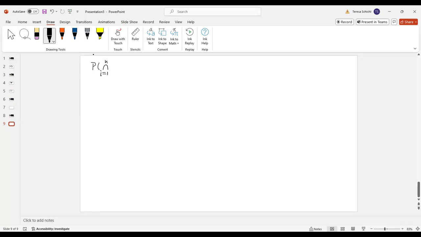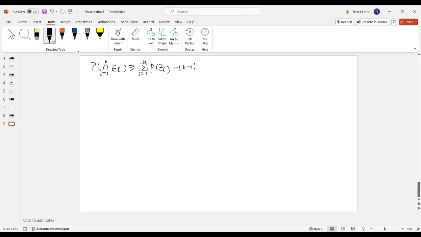The Bonferroni inequality tells you this is greater than or equal to the sum of each event's probability, P(Ei), minus (n minus 1). Like I mentioned, I'm going to use the induction method to prove it.